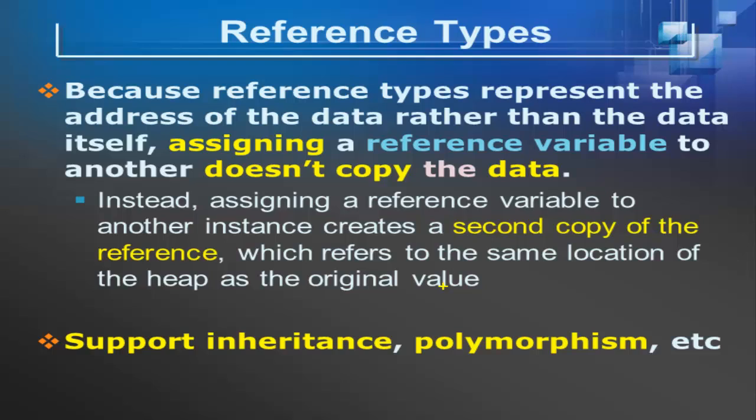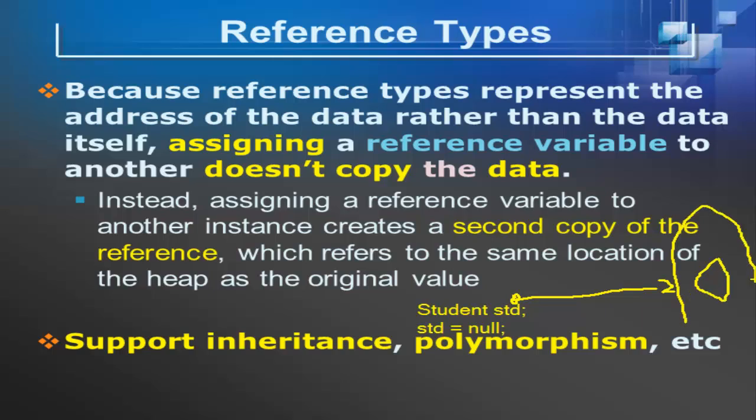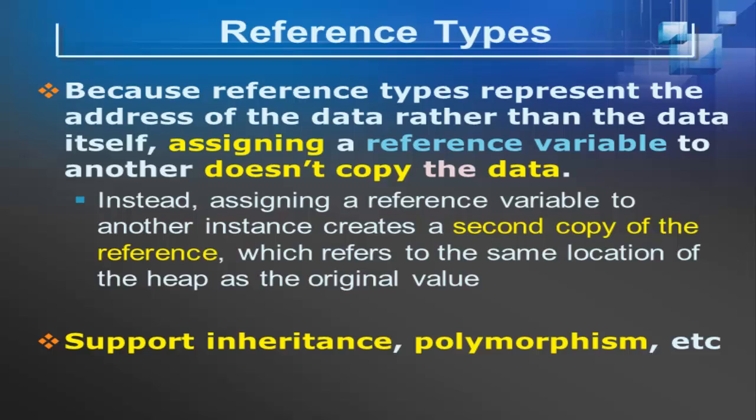So when it comes to a reference type, assume that I've created a student, std, I can say std equal to null. It is perfectly alright, because what is std after all? It's a pointer to some location on the heap. A pointer can be null. You can assign null to a pointer.